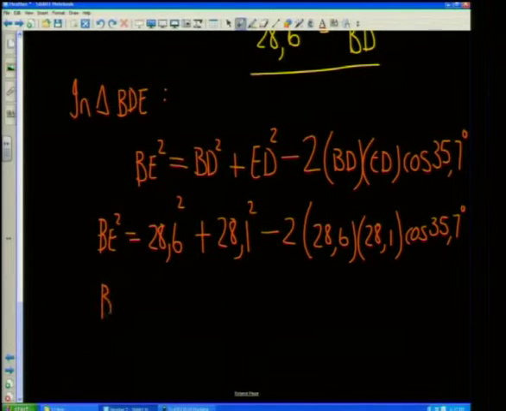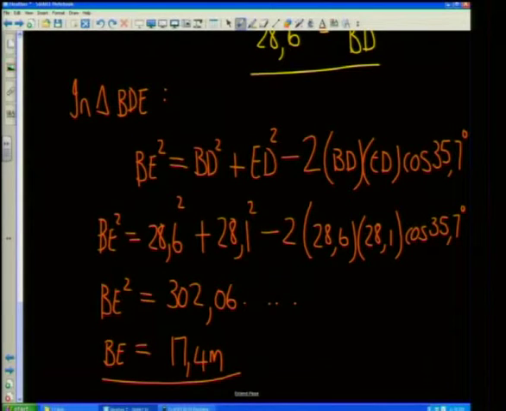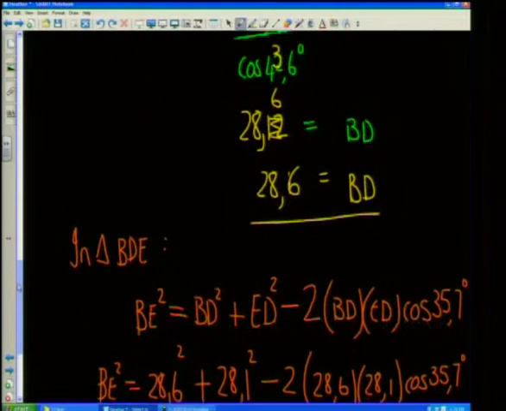And guys, I'm not going to bore you with the calculator work because I know that you can all use your calculators. You just punch that into your calculator and you are going to land up with BE squared coming to something that looks like that. But of course, we are going to square root it, and when we square root successfully, we will get 17.4, which was our guide. That's exactly what they said.